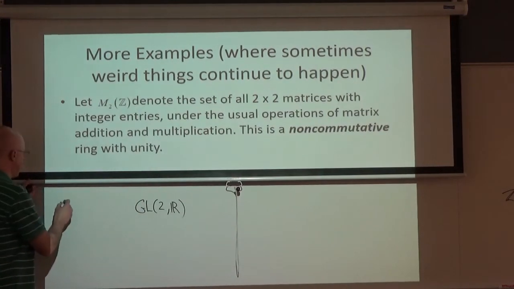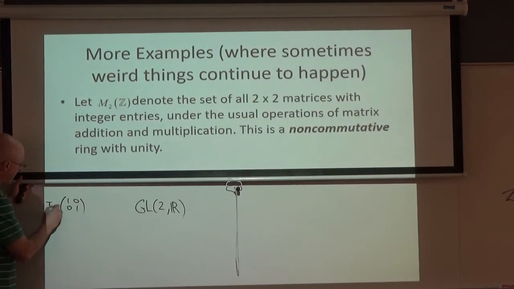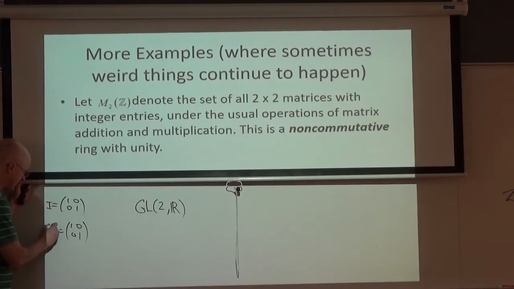And what is the unity? As you would hopefully guess, it is the identity matrix. That would be the unity. In linear algebra, we typically call that I. And it's fine if you want to call it I, but we can also call it 1. Maybe make it a real bold-faced 1 to emphasize the matrix.